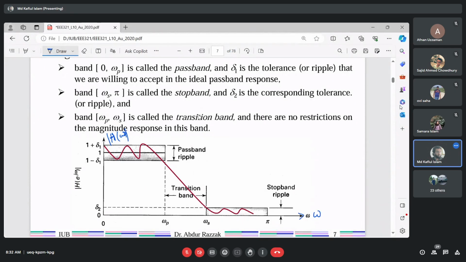So this is the practical characteristic of a low pass filter. This is a low pass filter example, and as it is not an ideal one, it is a practical one.